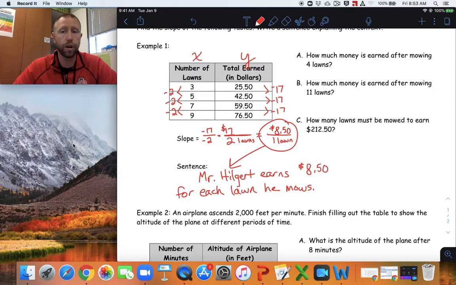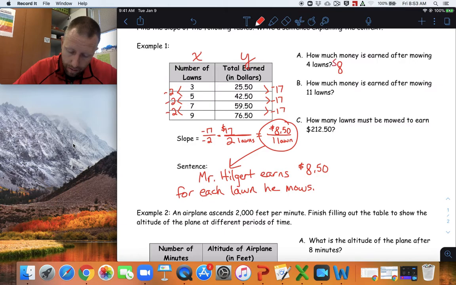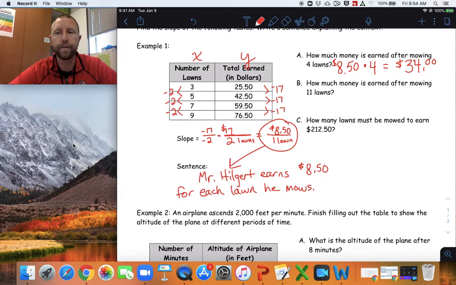To mow 4 lawns, I'm just going to have to multiply that by 4. So now that I know my slope in its simplest form, all I have to do is multiply that by 4. And when I do 850 times 4, I get that I would earn $34 for mowing 4 lawns.